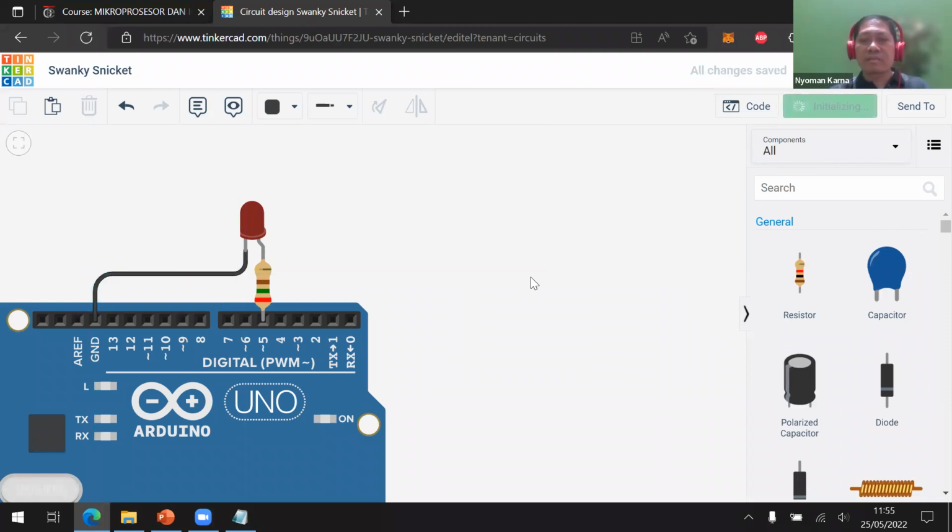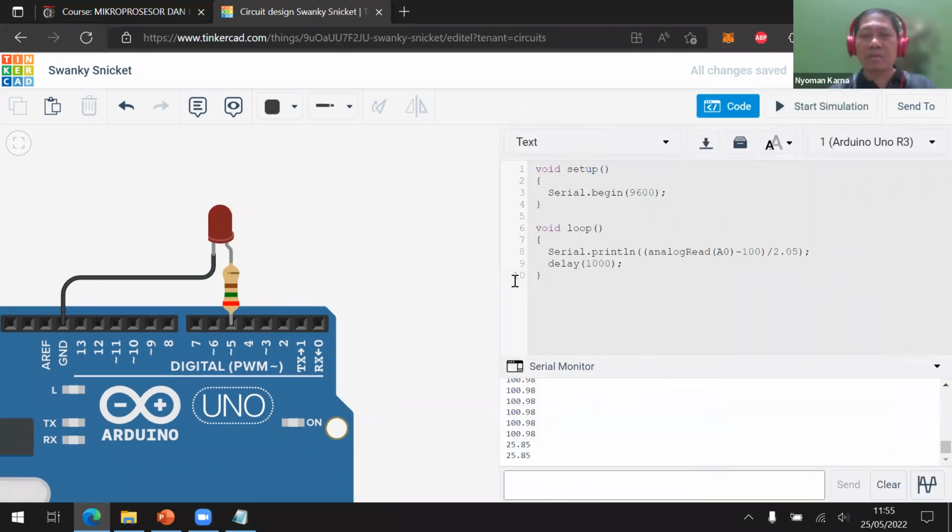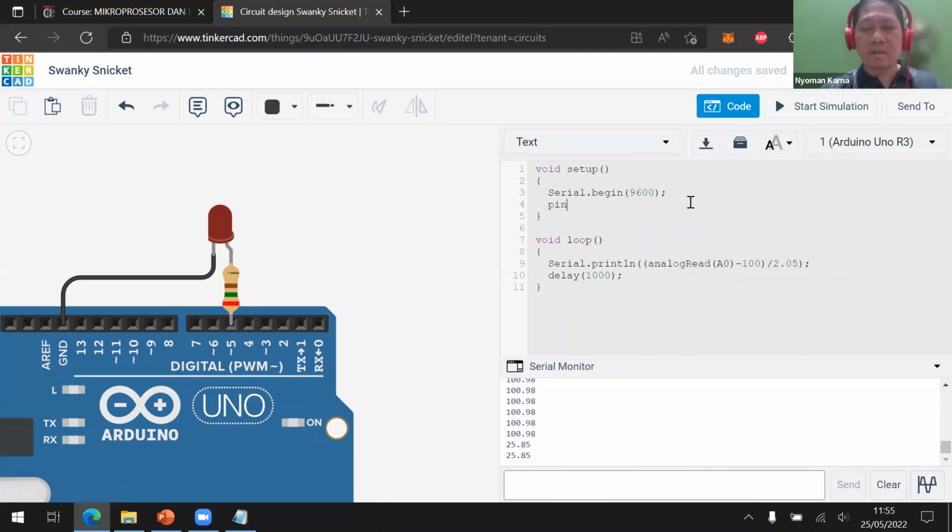Now we need to set pin mode 5 as output. Actually, we don't need to set up the pin mode if that pin is going to be an output, because the default is output.